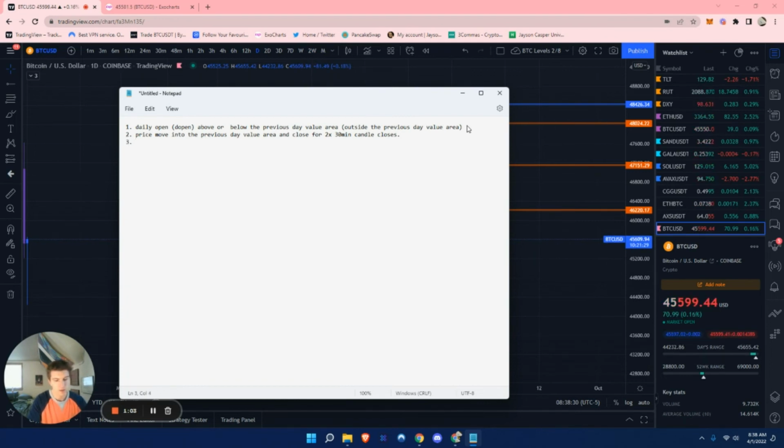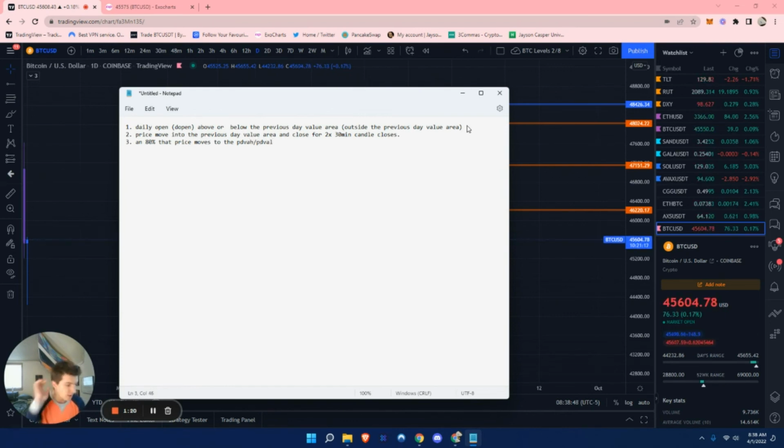And then there will be an 80% chance that price moves to the previous day value area high / previous day value area low. Depends if you're longing or shorting.